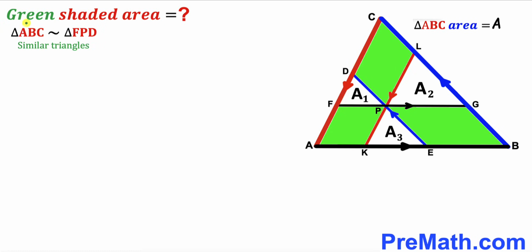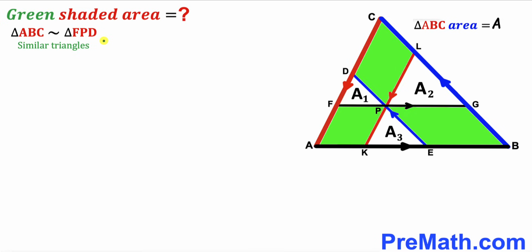And now we can see that this big triangle ABC is similar to the triangle FPD. And here's our triangle FPD, because all these angles are congruent to these big triangle angles.